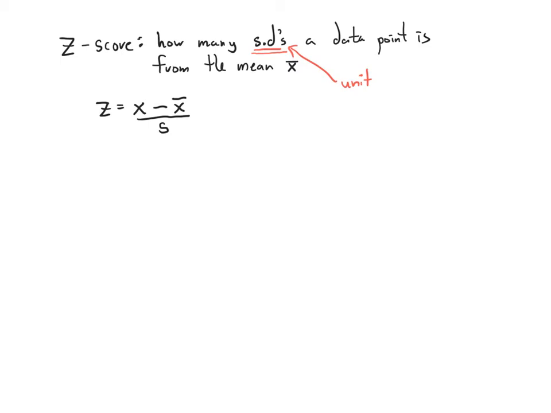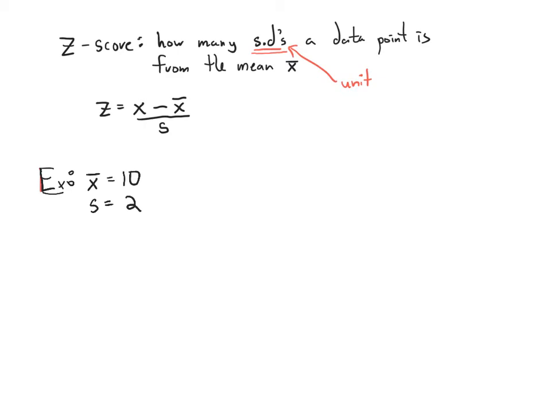So the first example, let me change my pen to black. My first example is going to be, suppose you have a data set that has a mean of, let's say, 10 and a standard deviation of 2.